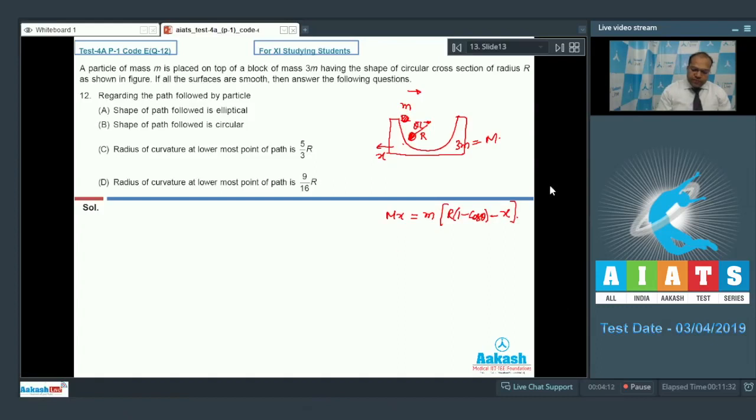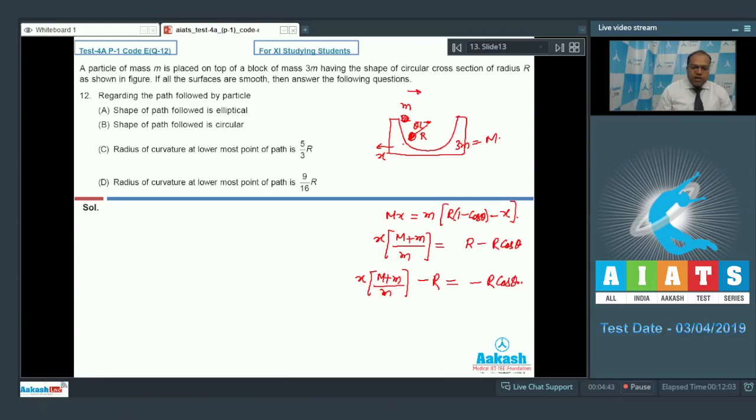So we can write this equation. After solving this, I can write x into capital M plus small m divided by small m is equal to r minus r cos theta. Or I can write x into M plus m divided by m minus r is equal to minus r cos theta.